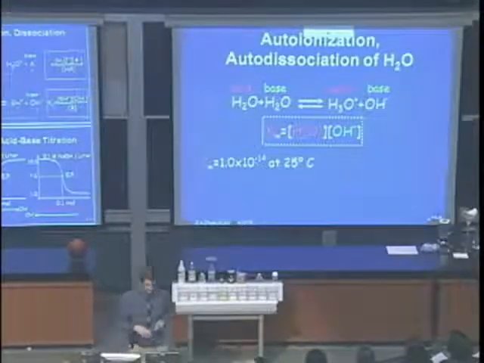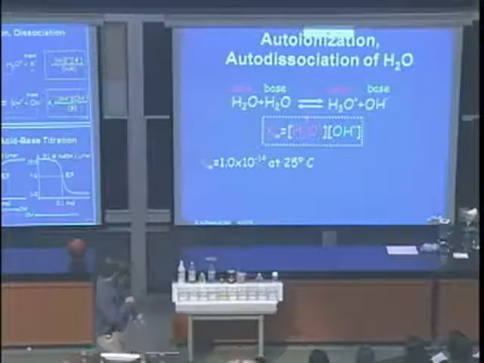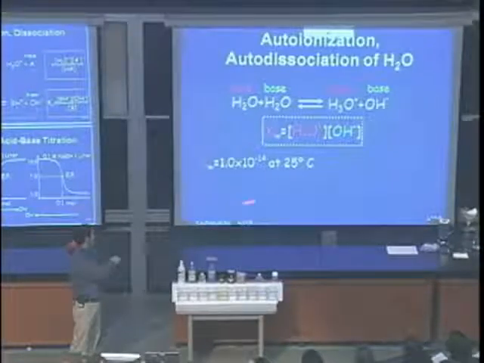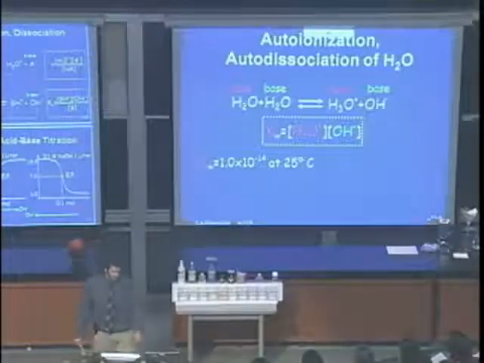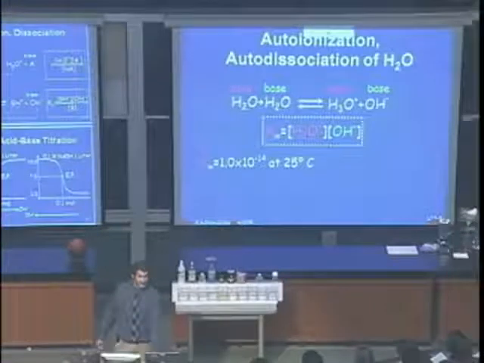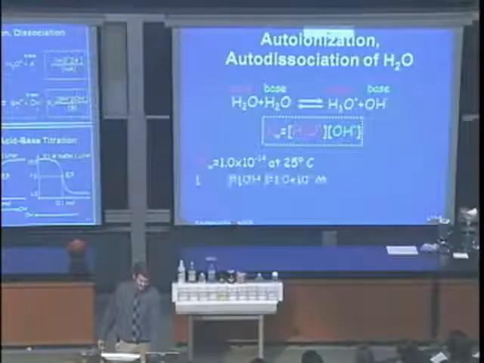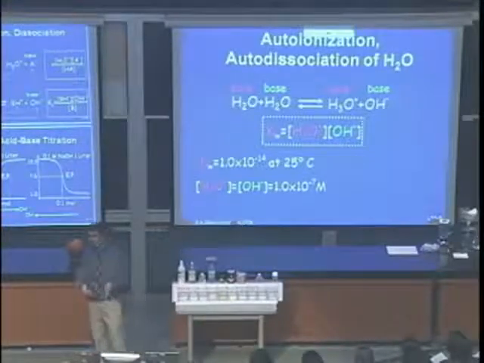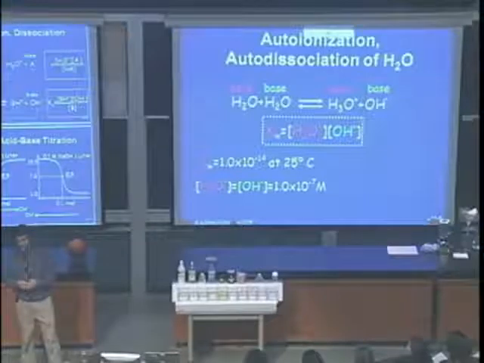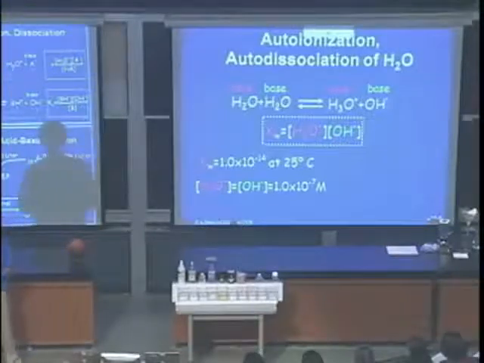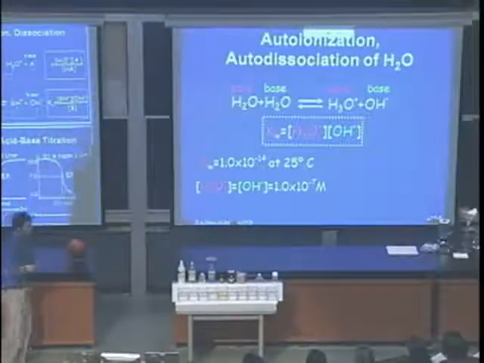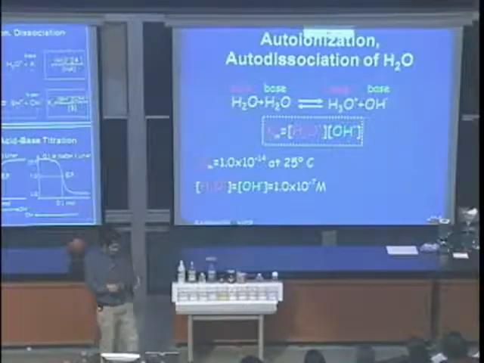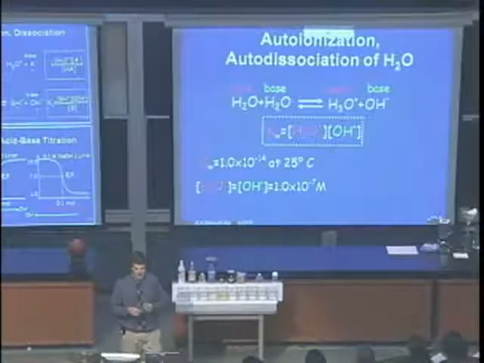They're the same concentration. So if we call the concentration of H3O+ X, the concentration of OH- is also X. X squared equals 1 times 10 to the minus 14. So the concentration of H3O+ equals the concentration of OH- equals 1 times 10 to the negative 7. And again, 1 times 10 to the negative 7 is still a really small value for a molarity, but it is a measurable value.